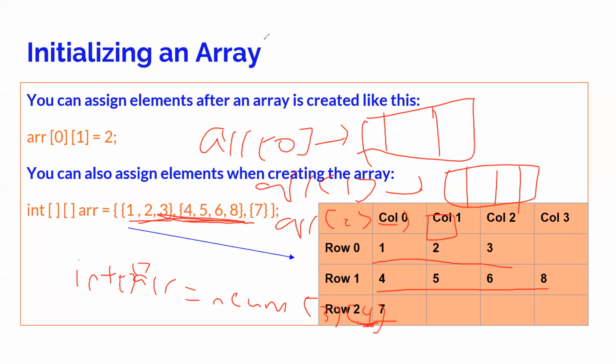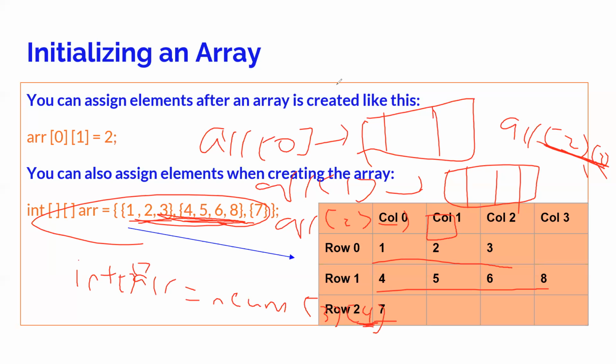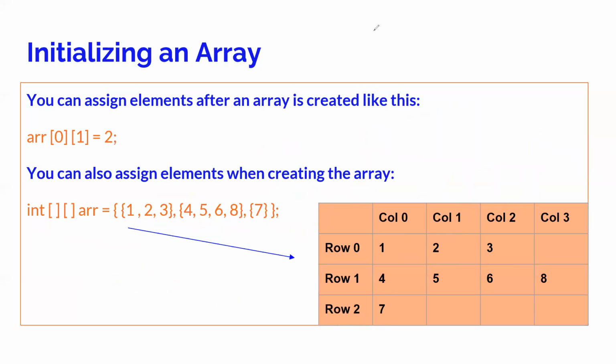And so you wouldn't be able to assign, let's say, to row 2, column 2? Yeah, no, you wouldn't. You can't just set array 2, column 2 to be anything, because that doesn't exist in this array. Good question. Thanks.